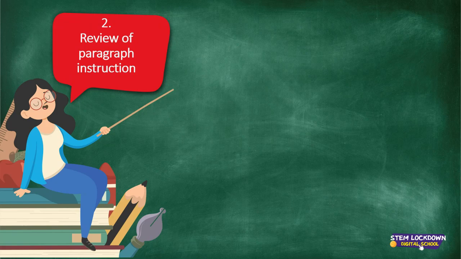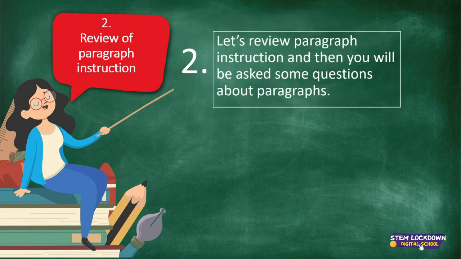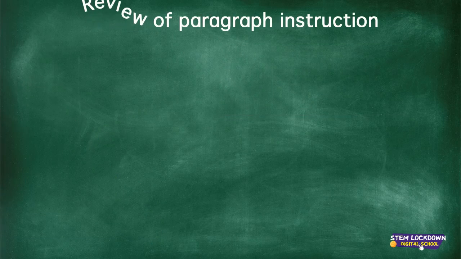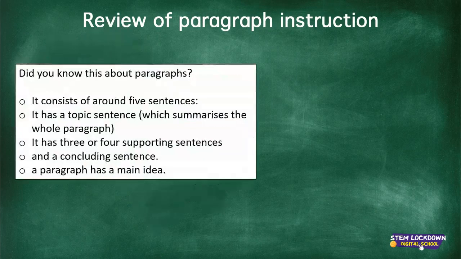Now this is to do with paragraphs. Do you remember we learned about the way a paragraph is created? Every paragraph has a structure. So let's review that and then we'll ask you some questions. Now, do you remember that a paragraph usually has about 5 sentences, sometimes a bit more.